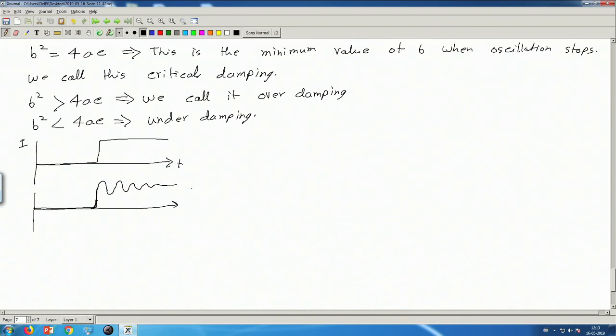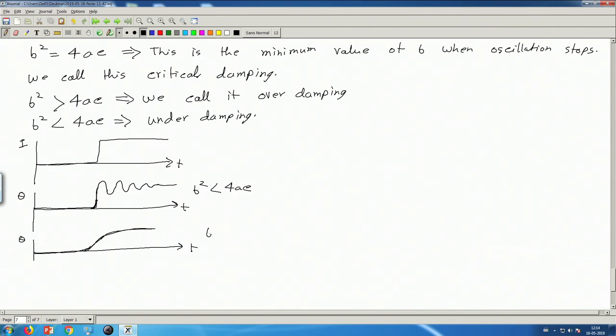So this is under damped, the condition b square less than 4ac. Or we can have a situation where theta reaches its final value smoothly like this.